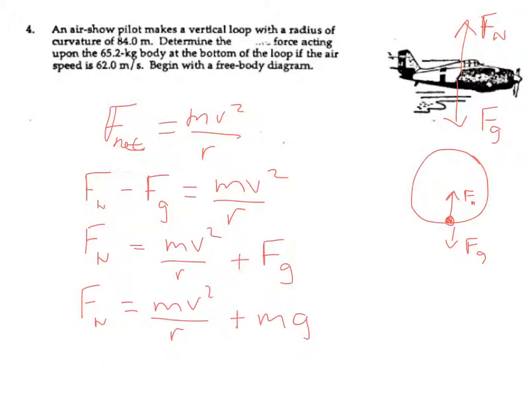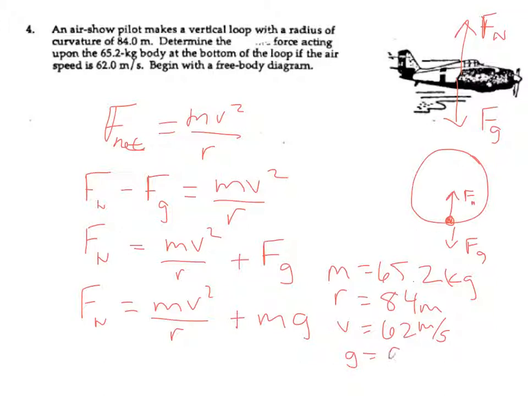So we've got the mass of 65.2 kilograms. You have the radius of 84 meters. You've got the velocity of 62 meters per second. And then you know that g is equal to 9.8 meters per second squared.